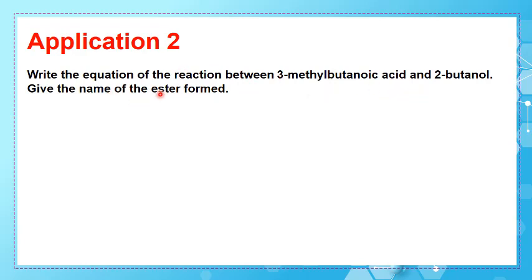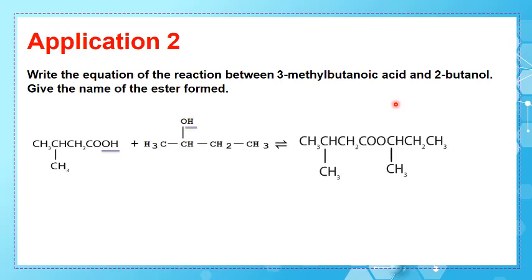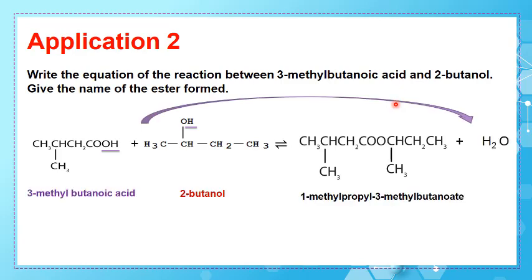Also, you have to give the name of the ester formed. Here also, do a pause and do it alone. Here is the solution. Don't forget that esterification is a reversible equation.